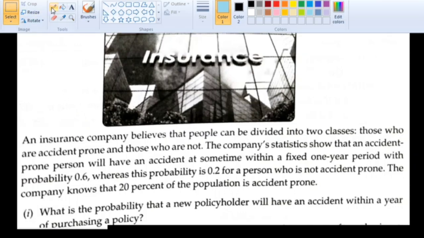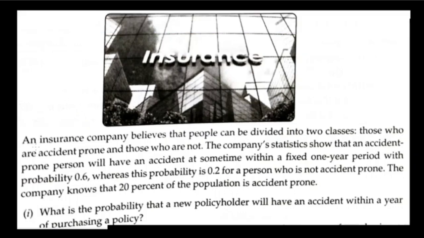So an insurance company believes that people can be divided into two classes: those who are accident prone and those who are not accident prone.